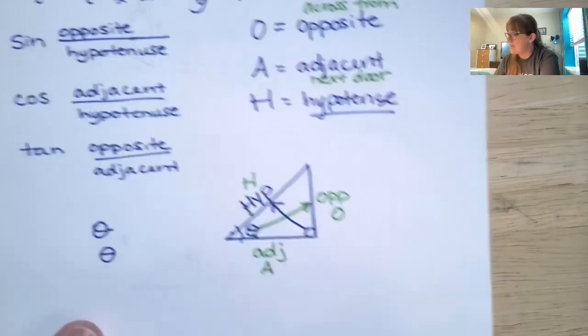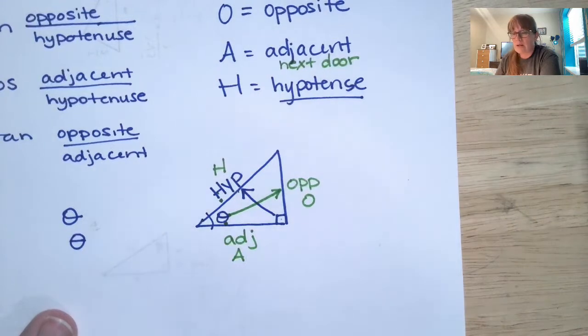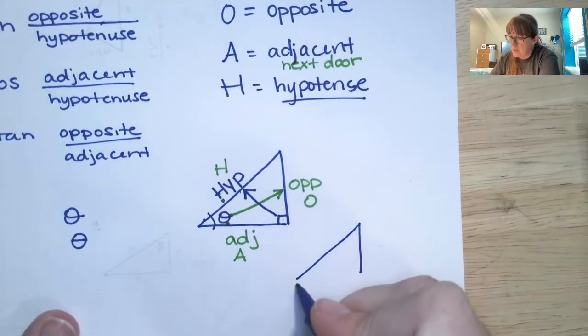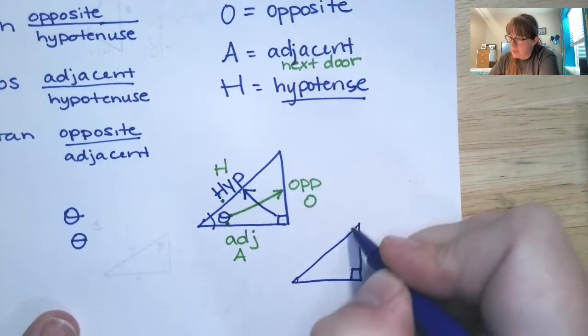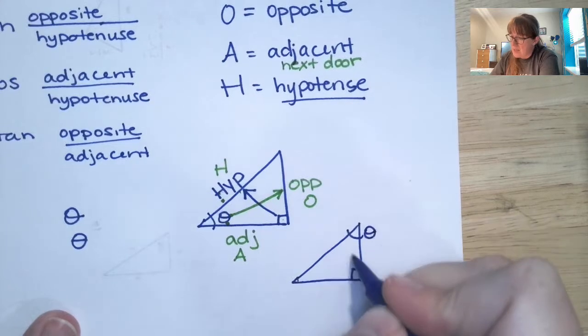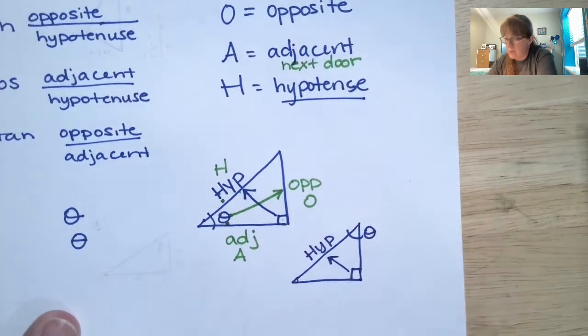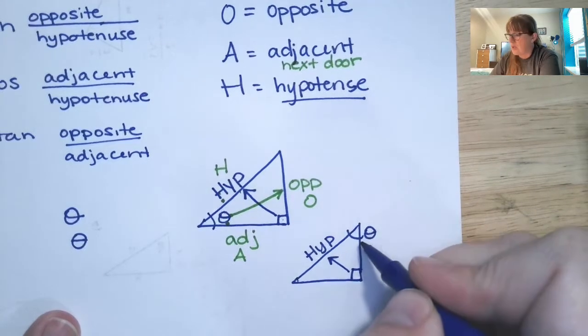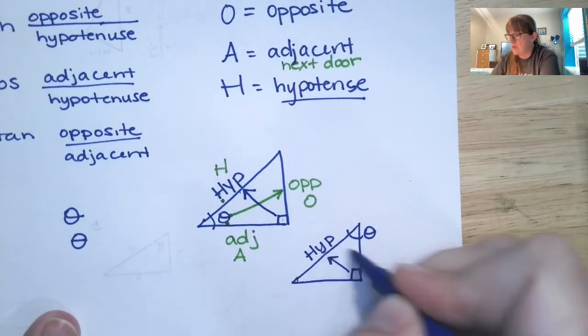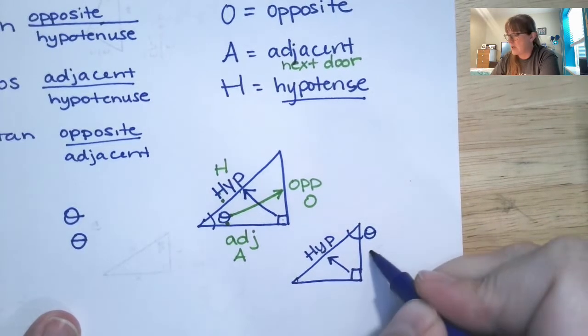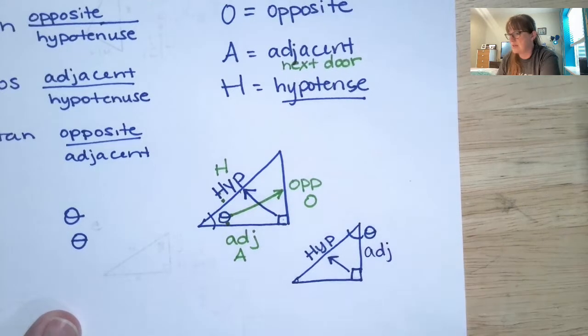This triangle changes depending on where theta is. So if we have another right triangle, and theta's up here this time, hypotenuse never changes, right? Hypotenuse is always across from the right angle, so I always start out there. We know adjacent is next to, well, both of those are next to. Hypotenuse is already there, can't bump that guy out, so this one's adjacent.